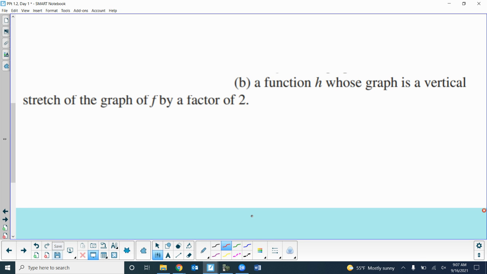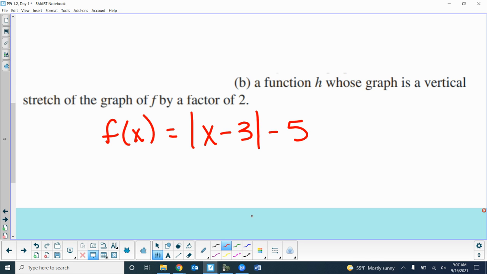A vertical stretch, the vertical one. Let's do that first. What do we do with that 2 when it's vertical? Out front of, and here's F again. You couldn't see it because I went down. Of the whole thing, right?